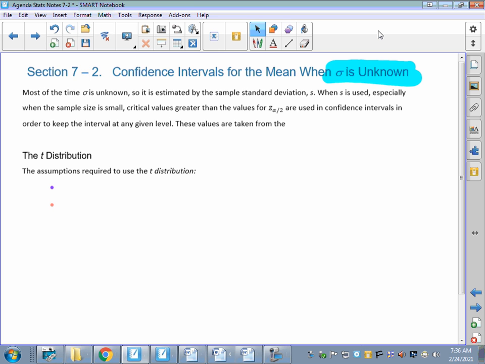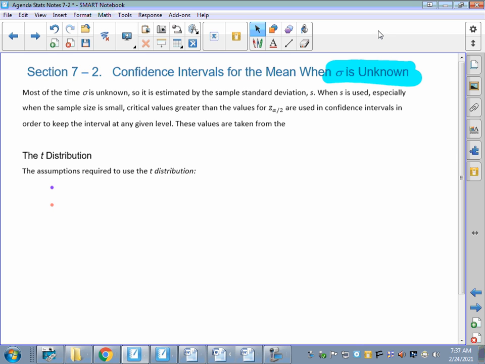When S is used and the sample size is small, remember how we talked about large sample sizes, our critical value is our Z value. Critical values greater than the values for Z of alpha over 2 are used in our confidence intervals in order to keep the interval at our given level, our 95% confidence.